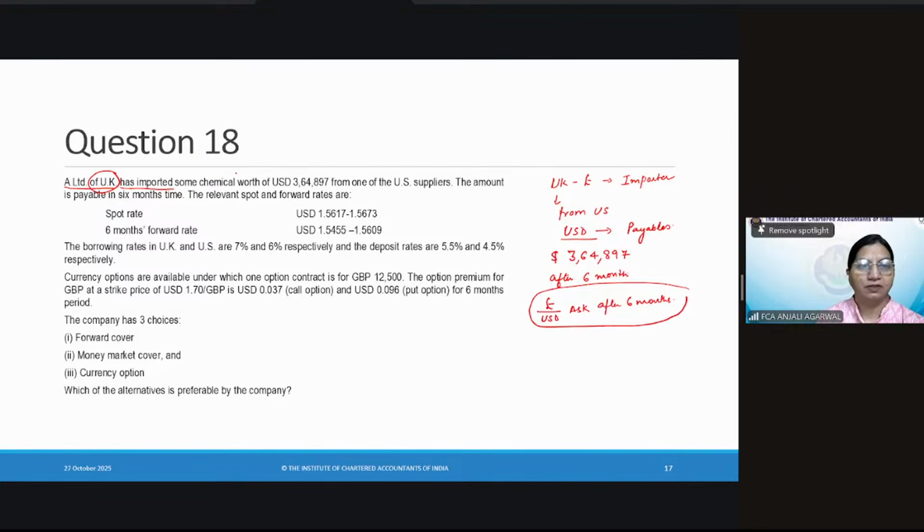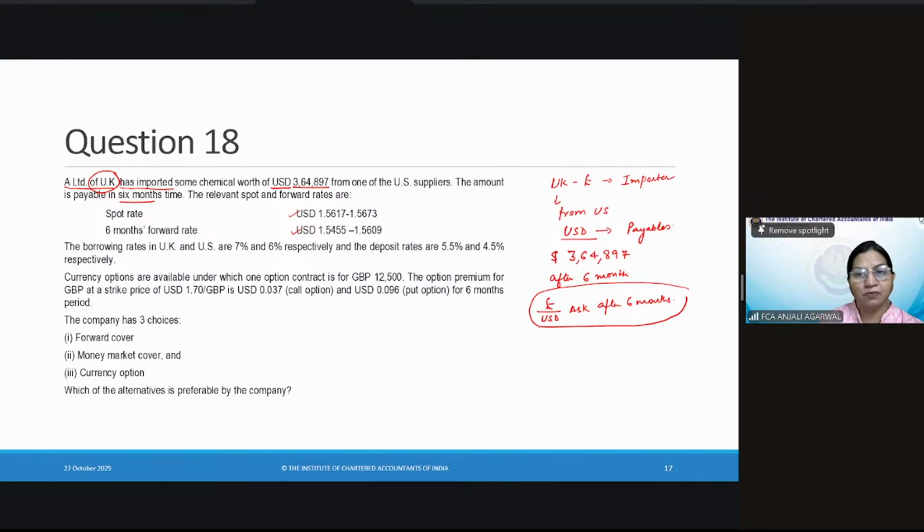The UK importer has imported chemical worth 364,897 USD, payable in 6 months. So everything comes down to this line: I need the pound by USD ask after 6 months. So what's the spot rate and what's the 6 months forward?